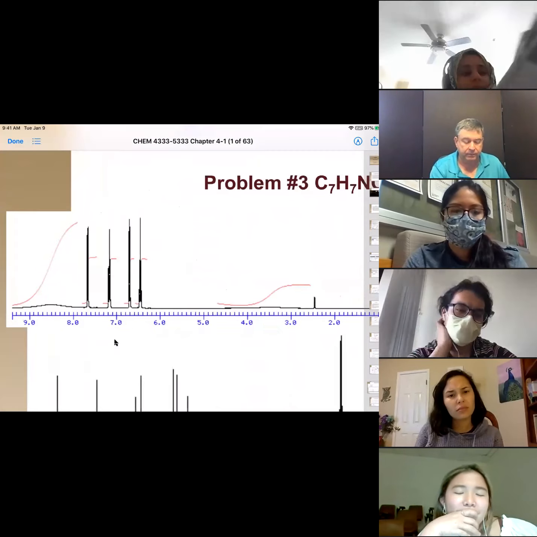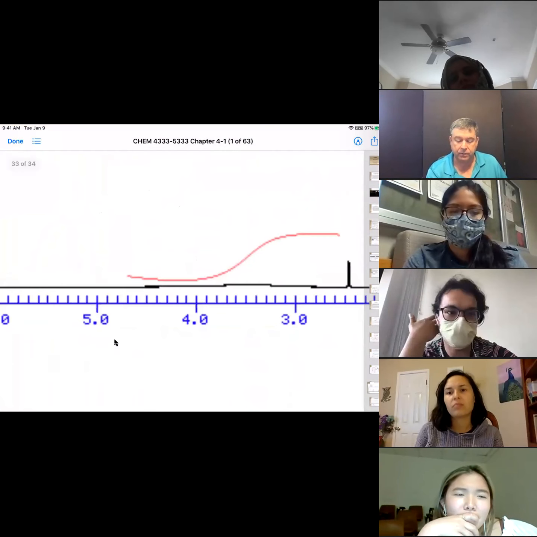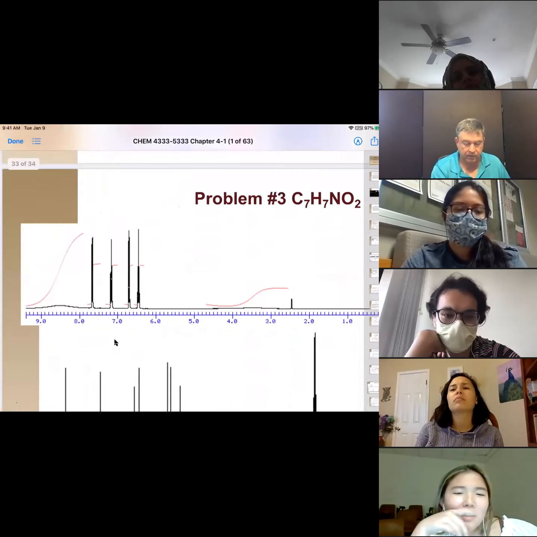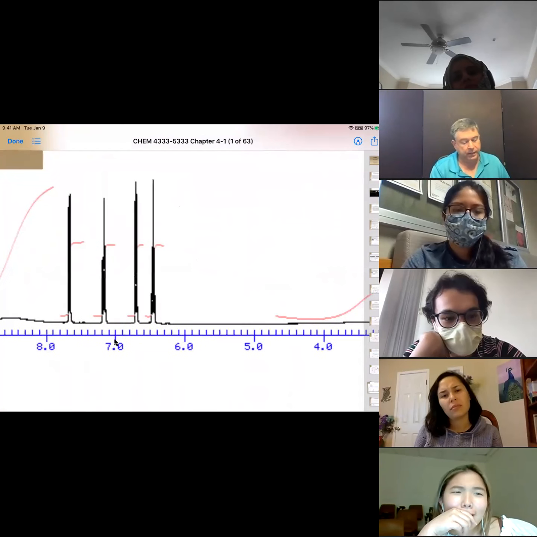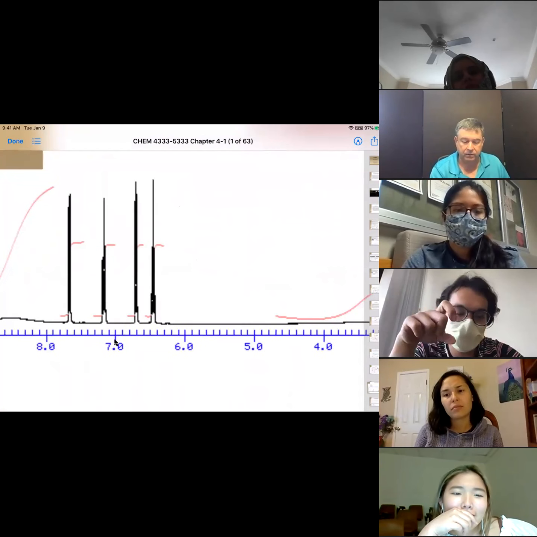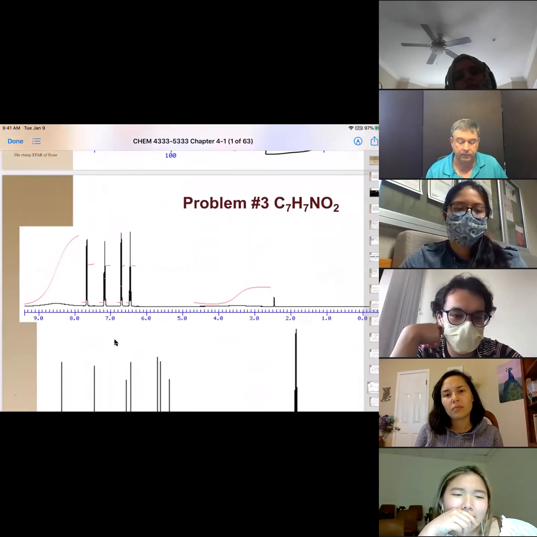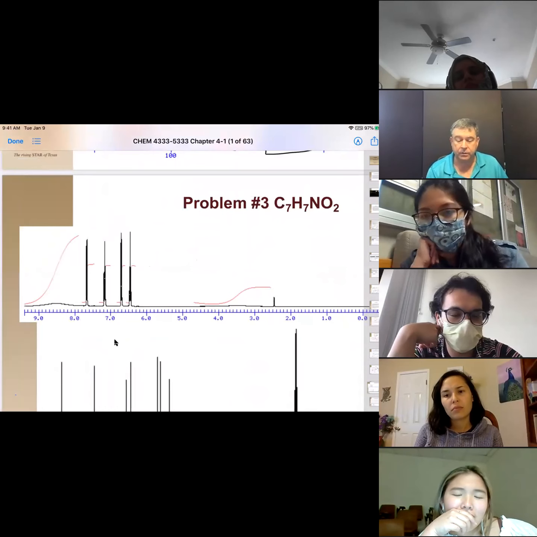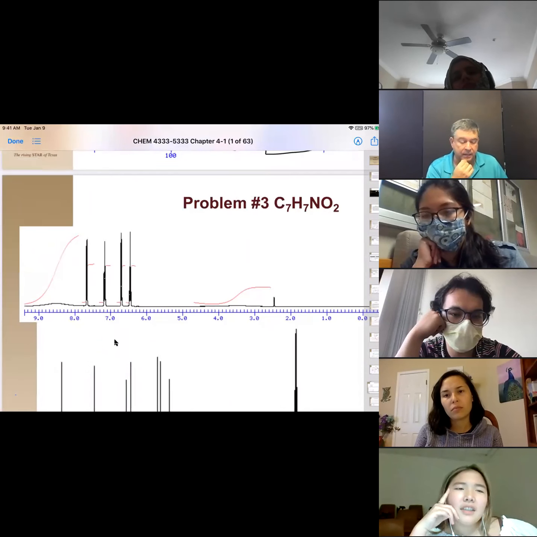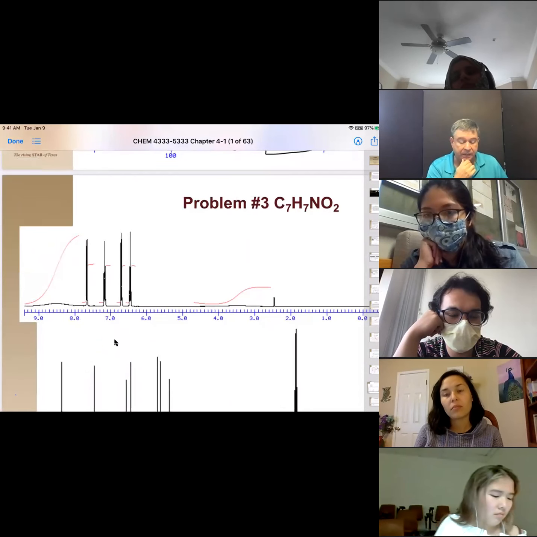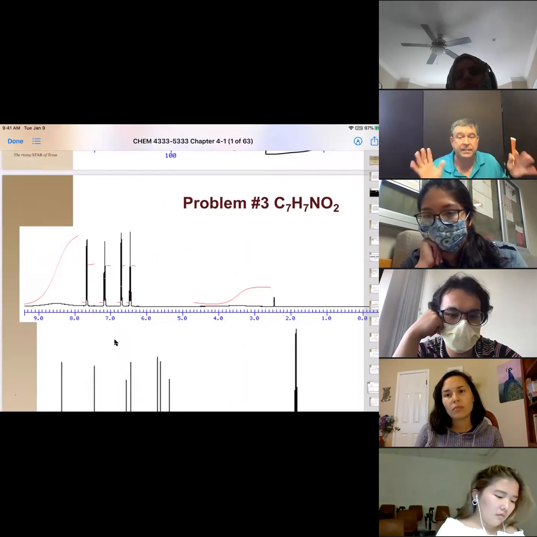There's a hydrogen over here, maybe an alcohol of some sort over here. Gosh, 1 to 1 to 1 to 1. Well, we can't have two benzenes, so we probably just have one benzene ring based on the structure here. It's going to have a weird splitting pattern, but let's see how many carbons we have.